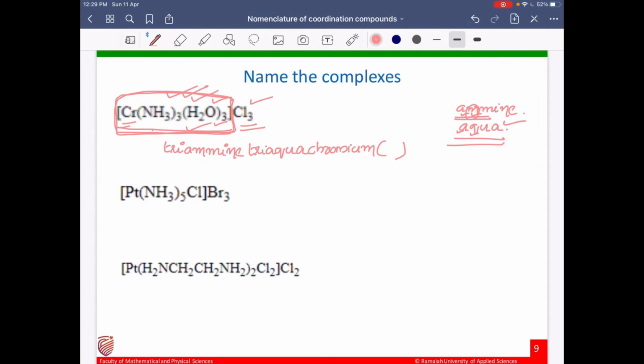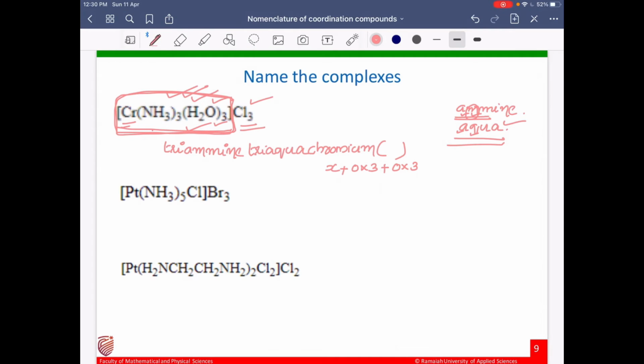So how will we calculate the oxidation state of chromium? Chromium, we don't know the oxidation state, so we will give it the value X. Ammonia doesn't have any charge. Three ammonia groups are there, so the total charge from ammonia is 0 into 3. Plus water doesn't have charge, total 3 water.